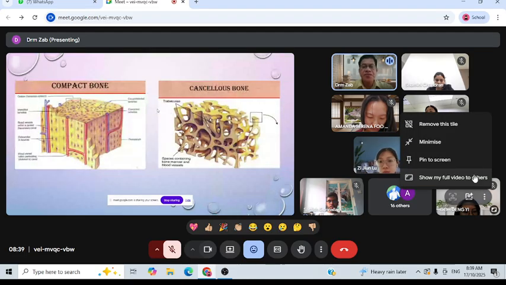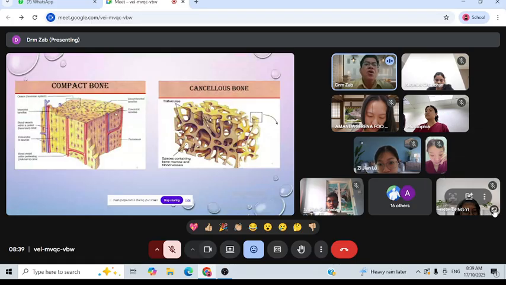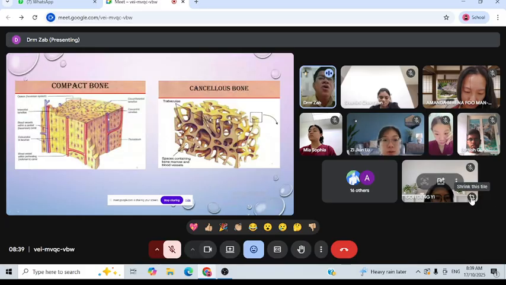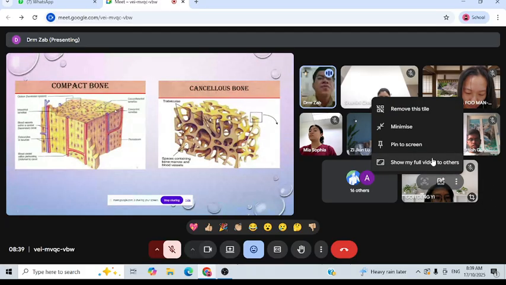Okay, when you look at the compact bone or the cortex, comparing to the cancellous bone, you don't see trabeculae in the cortex. So what you will see is dense bone with the Haversian canal or the Haversian system. In this Haversian system, you have feeding vessels, you have blood vessels.